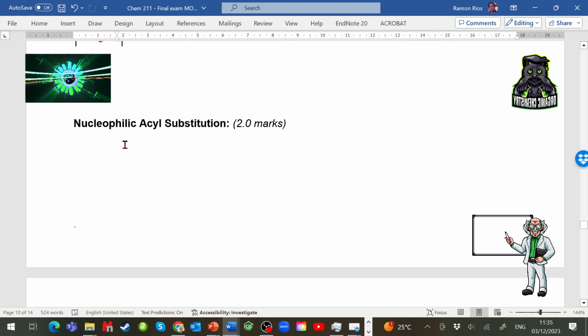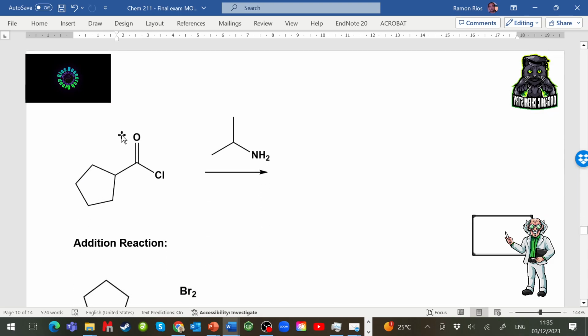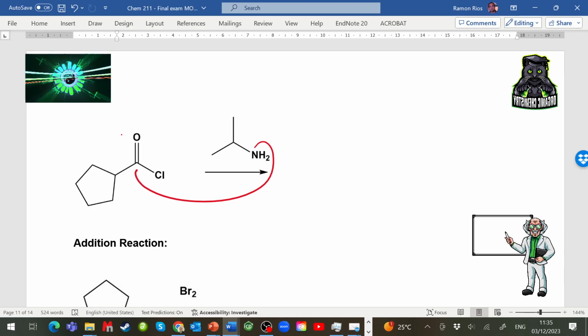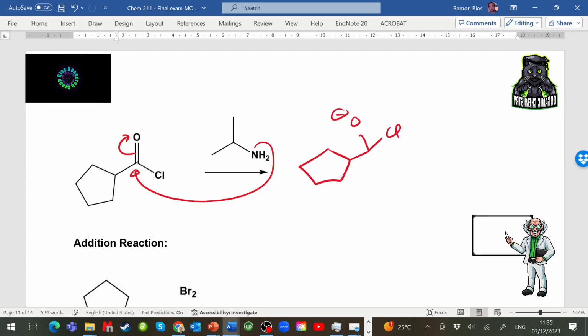Okay, now a nucleophilic acyl substitution. What is happening? Remember, the nucleophile will attack the carbonyl group, and in order not to break the octet, the carbon-oxygen double bond has to go to the oxygen. What we will get is this compound.